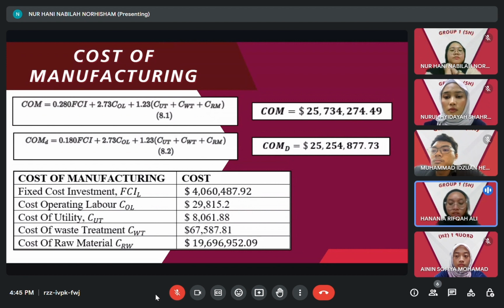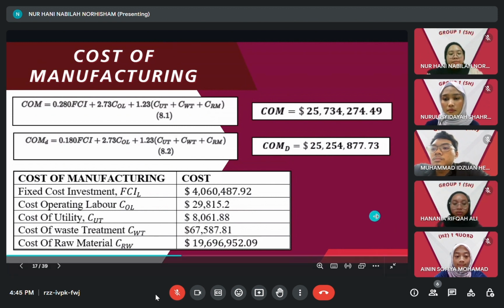To find the total cost of manufacturing, we use the COM and COMd formula, which mean cost of manufacturing with and without depreciation. For the COM, we got $25,734,274 and COMd $25,254,877.